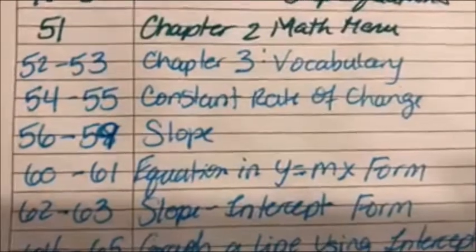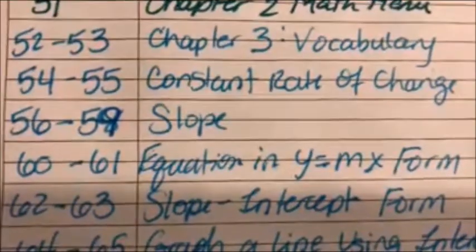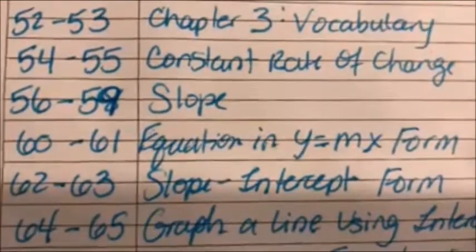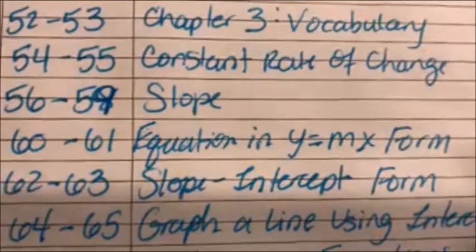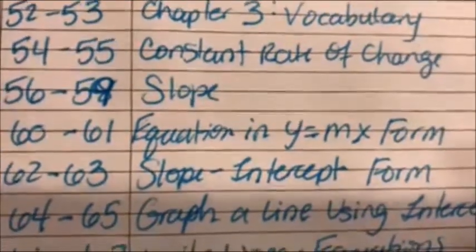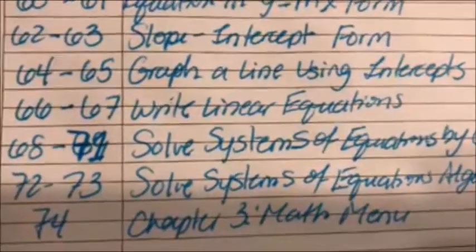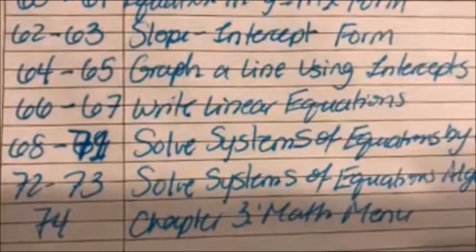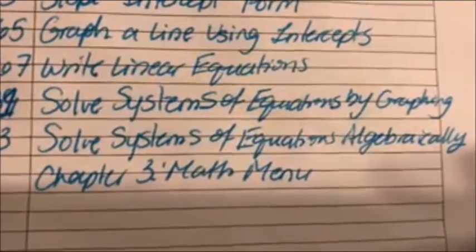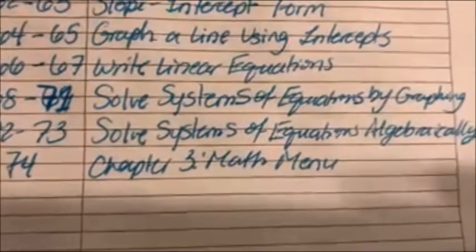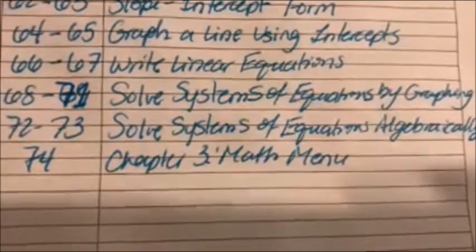Pages 52 through 53 are Chapter 3 Vocabulary. 54 through 55 is Constant Rate of Change. 56 through 59 is Slope. 60 through 61 is Equation in y equals mx form. 62 through 63 is Slope-Intercept form. 64 through 65 is Graph a line using intercepts. 66 through 67 is Write linear equations. 68 through 71 is Solve systems of equations by graphing. 72 through 73 is Solve systems of equations algebraically. Then page 74 is Chapter 3 Math Menu.